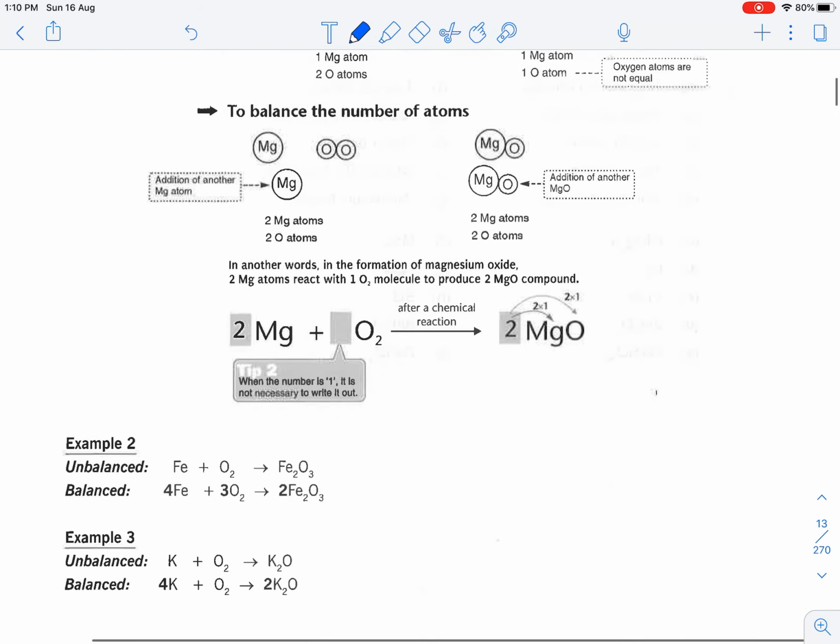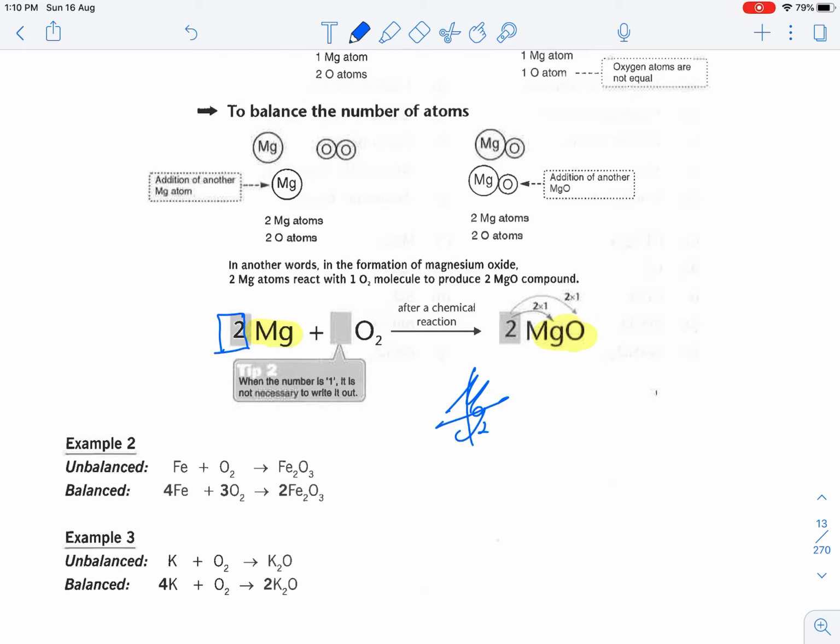Okay. Then after you have balanced, one thing about chemical formulas to take note is they don't really need to write the charge. What actually happens is this number here represents the whole molecule. Like this 2 represents for MgO. It's not just for Mg. If you want to write just for Mg, you just have to write a subscript at the bottom, but this is also wrong.